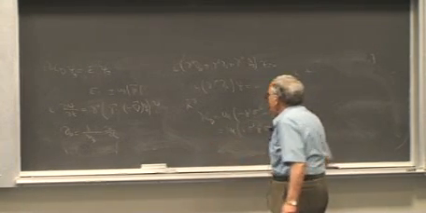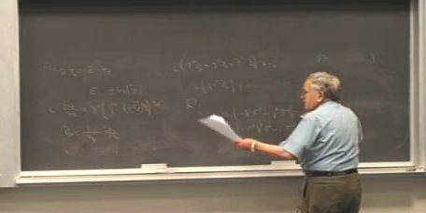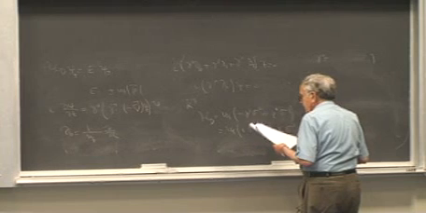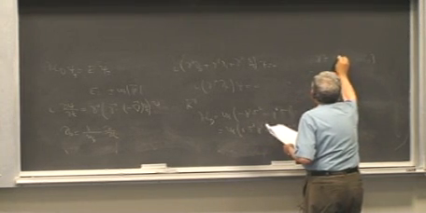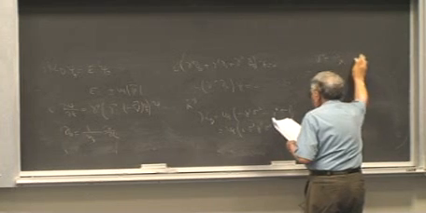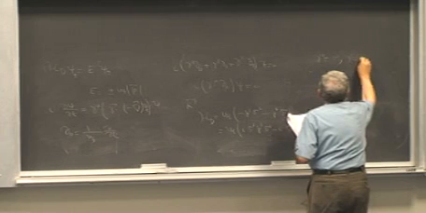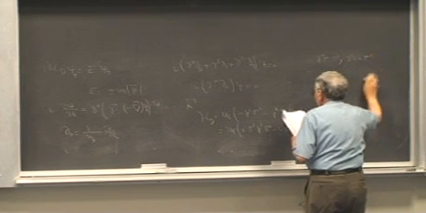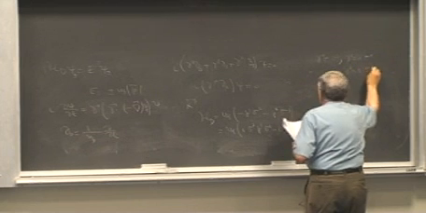Now, I took this choice there the first time. In the first, I made the choice gamma naught equal to sigma 3, gamma 1 equal to i sigma 1, and gamma 2 equal to i sigma 2.